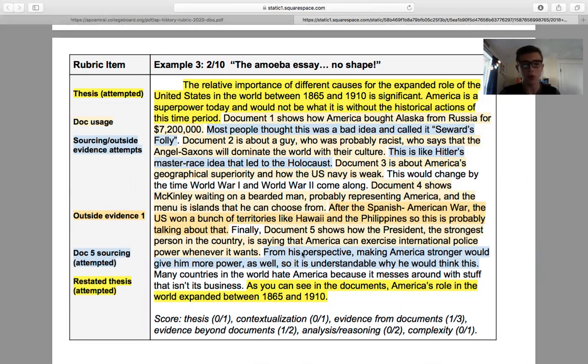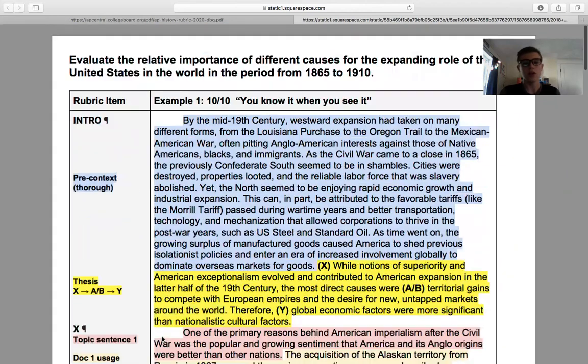Outside evidence, it wasn't well written. A lot of it didn't make sense. A lot of it was irrelevant, and you see that it was just a mess. So this is what you don't do, and you don't want it to be this short either. And obviously, by the time you're done analyzing your documents, you only have 30 to 35 minutes to write. So it's not like you're going to write a 3-page essay, but really, really try your best.